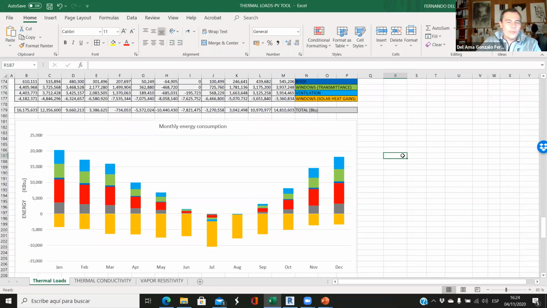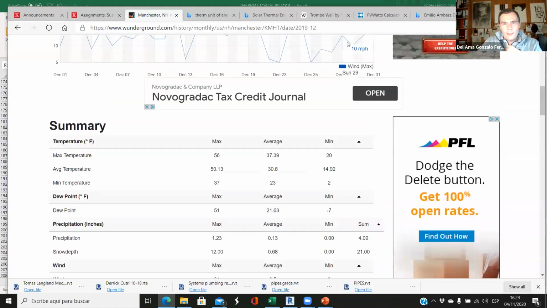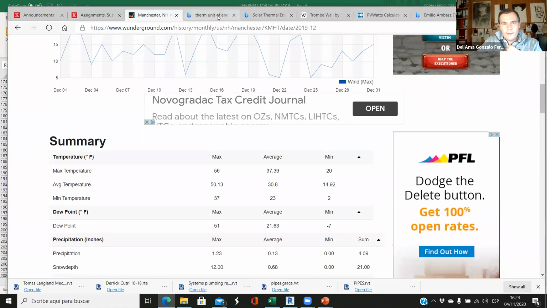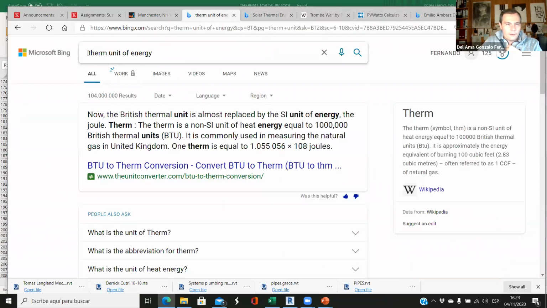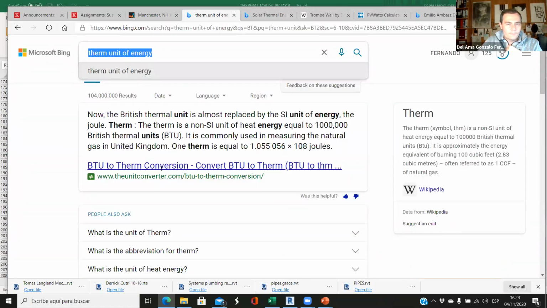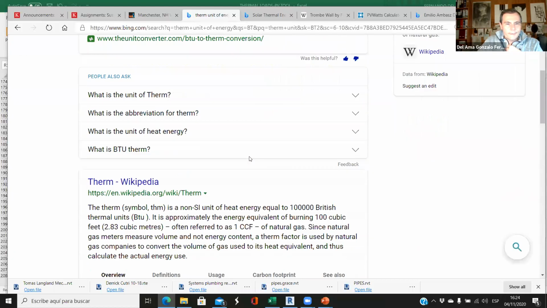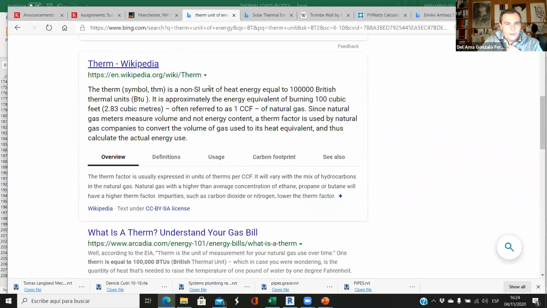That's why, if we receive the energy bill, it's not in BTUs. If we have the electricity bill, it comes in kilowatt hours. And if we receive the gas bill, for example, they don't use BTUs, they use therms. What is a therm? A therm is a unit of energy.